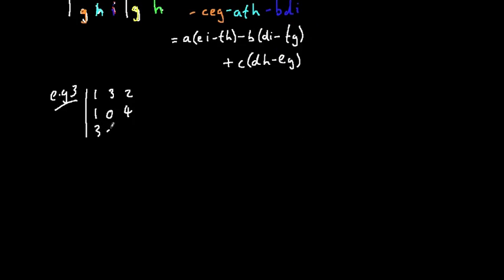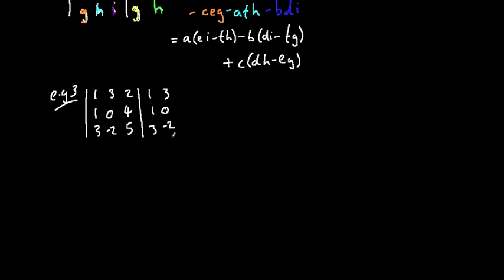So 3, minus 2 and 5. Okay, so using Sarrus's rule, I repeat the first two columns. Oops, I don't really need that second vertical line.